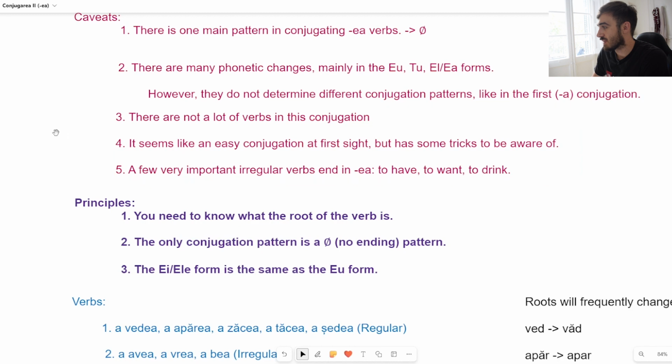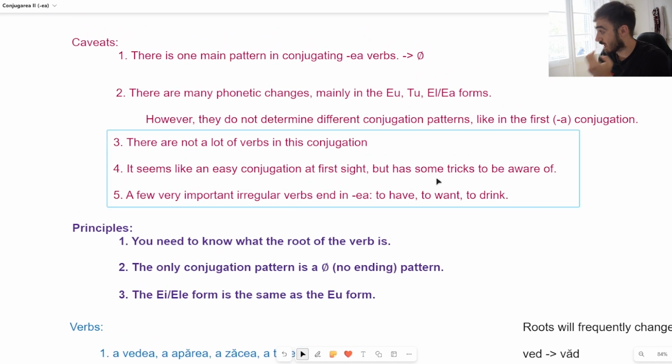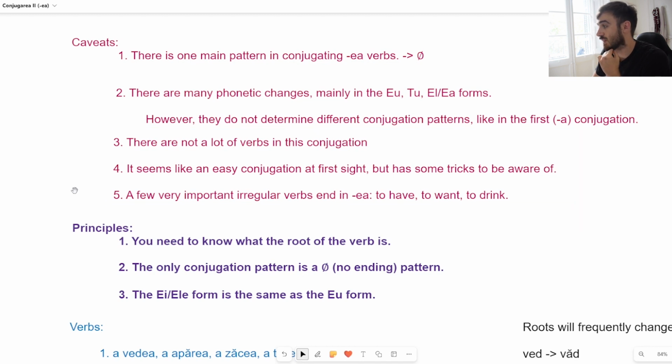Then it seems like an easy conjugation at first because of this no ending rule, but it has some tricks to be aware of that we're going to talk about in a second. And finally, a few important irregular verbs are in this conjugation, like a avea, a vrea, a bea.